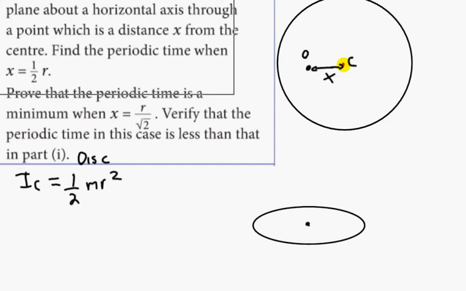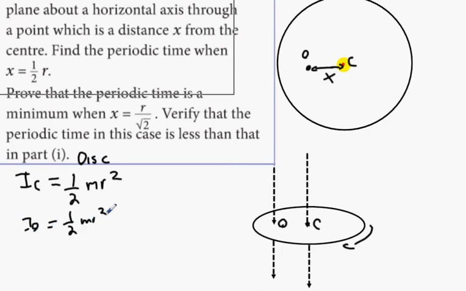That's C, and this one here is O, and it's rotating in this direction here, forward and back, forward and back. Okay, so we're using the parallel axis theorem. So I_O equals a half mr squared, which is our I_C value, plus md squared, which is going to be, the distance is x, so it's going to be mx squared.